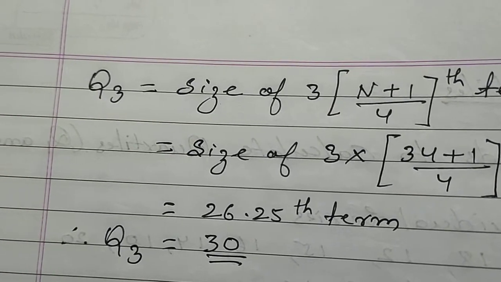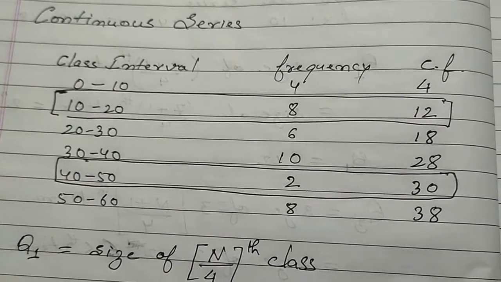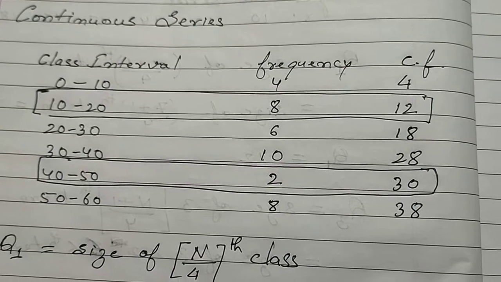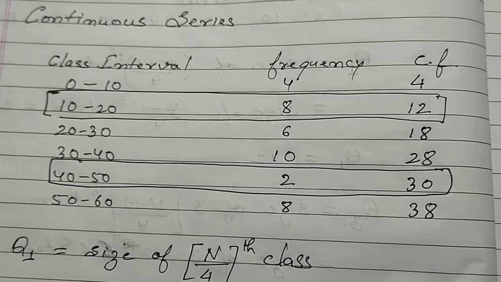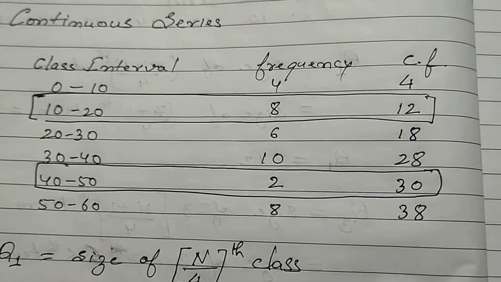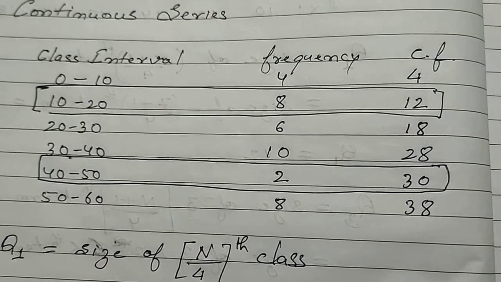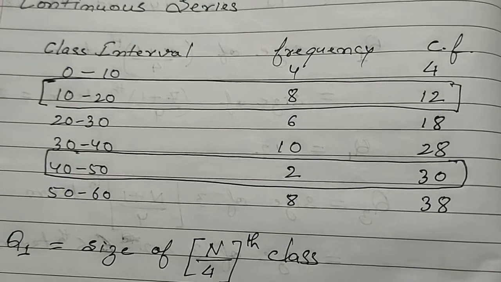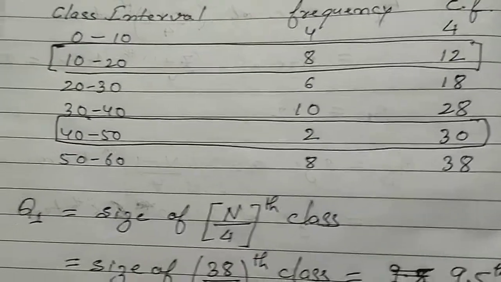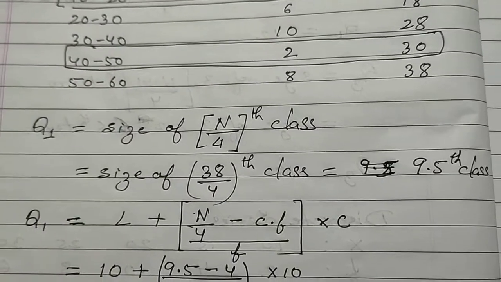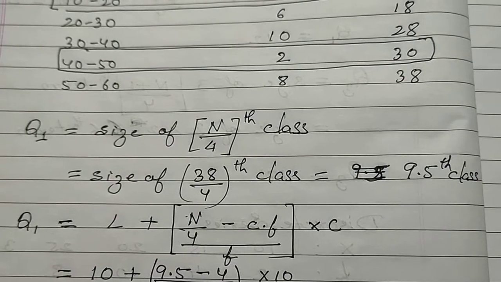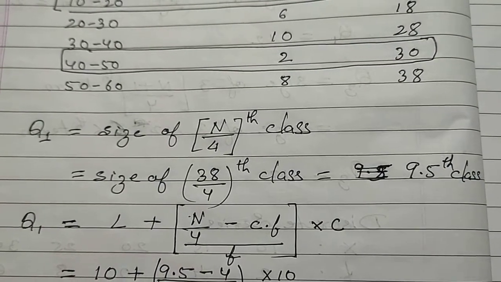Now let us understand how to find these quartiles Q1 and Q3 in the case of a continuous series. One example of a continuous series we have taken. Here also the first requirement is to find the cumulative frequency, and after that we have to get the size of Q1. In this case, the size of Q1 we get is the 9.5th class.